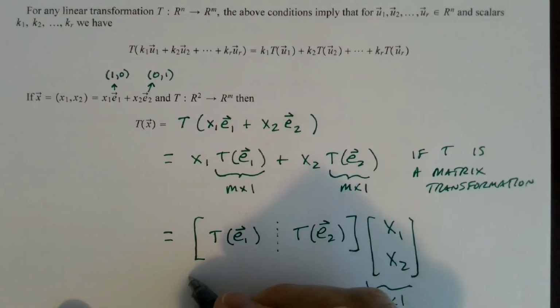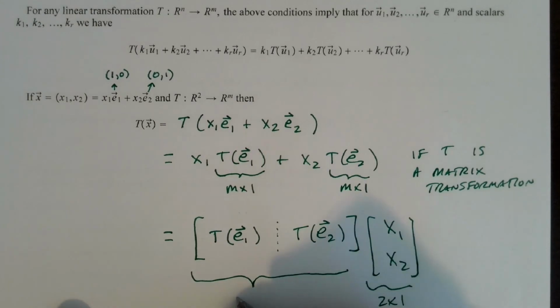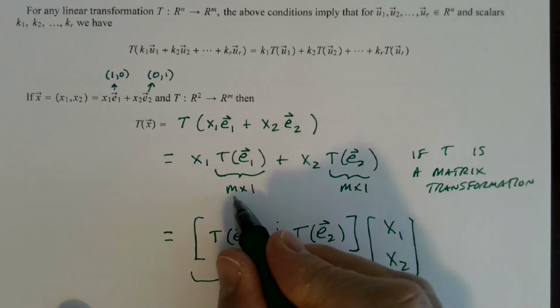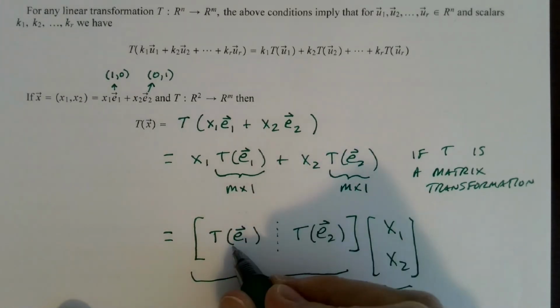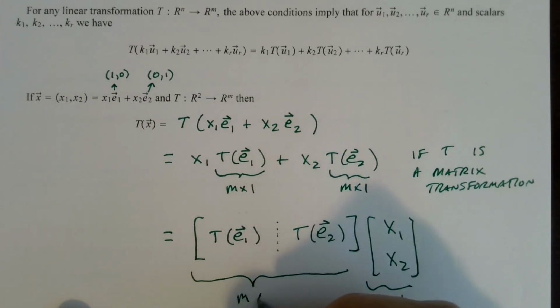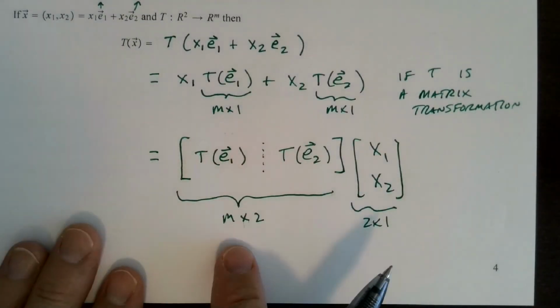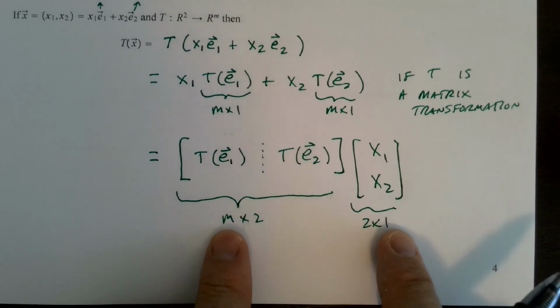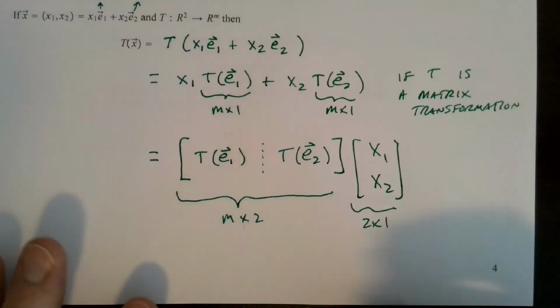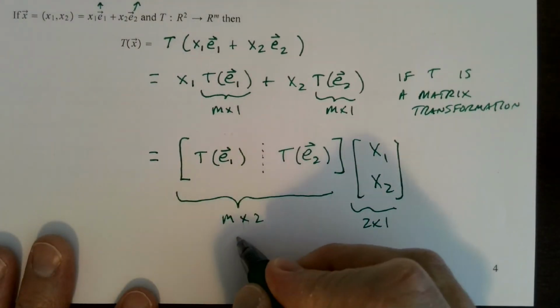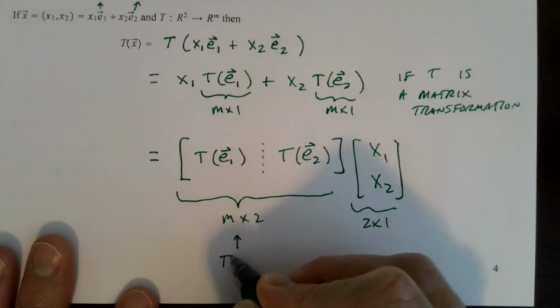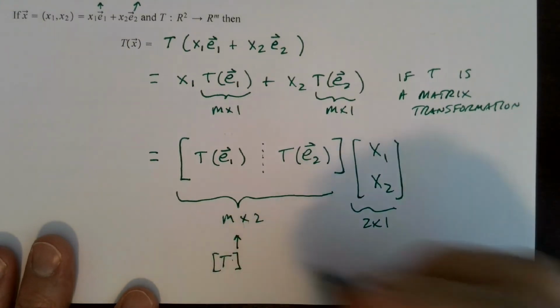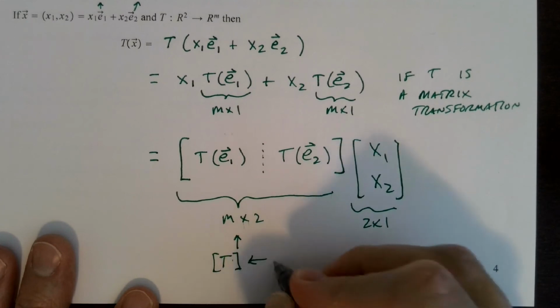And this right here is going to be what size? It's m long, because these are m by 1, m by 1, so a total of what? M by 2. There's two columns. And so when I multiply, notice the numbers are the same here, 2 and 2, and I get m by 1, right? And this right here, this is the standard matrix for the transformation.